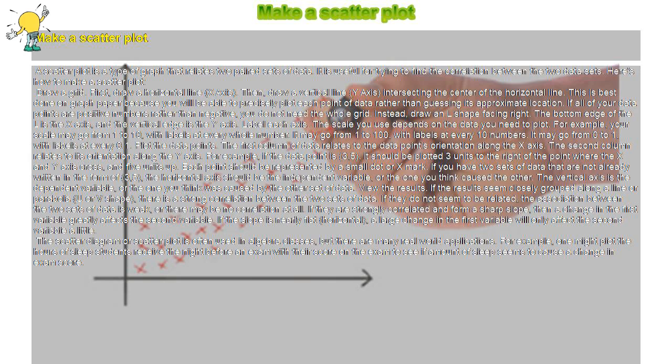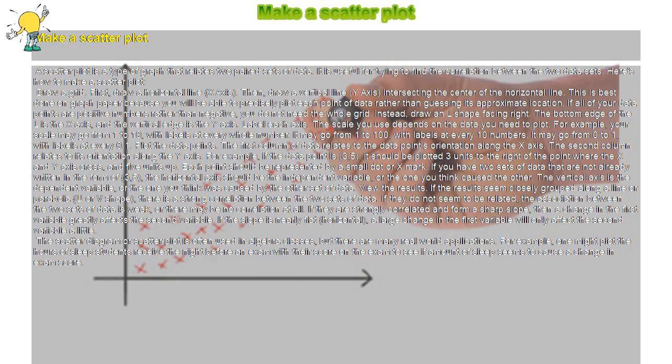For example, if the data point is 3,5, it should be plotted 3 units to the right of the point where the x and y-axis cross, and 5 units up. Each point should be represented by a small dot or X mark.